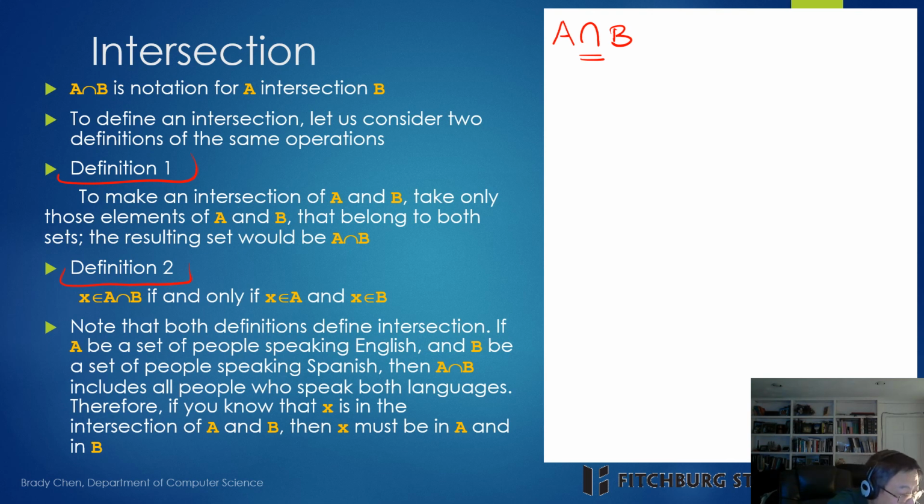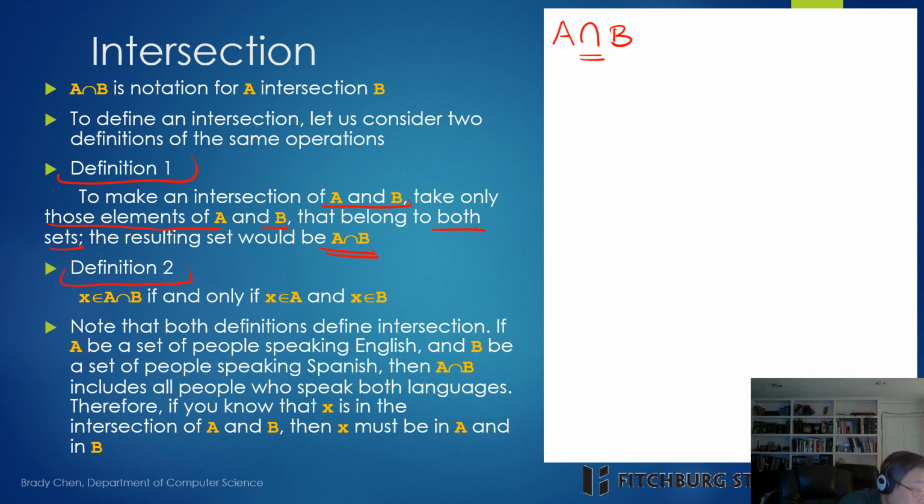Now first, to make an intersection of A and B, suppose we have two sets, A and B. To make an intersection of A and B, take only those elements of A and B that belong to both sets. The resulting set will be A intersection B. Or we can use another definition.